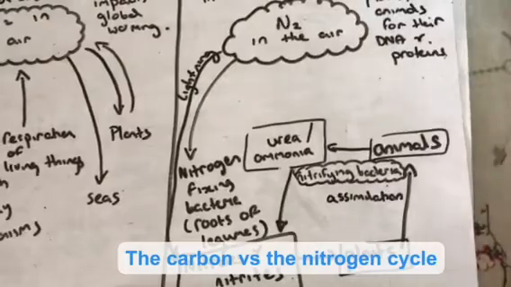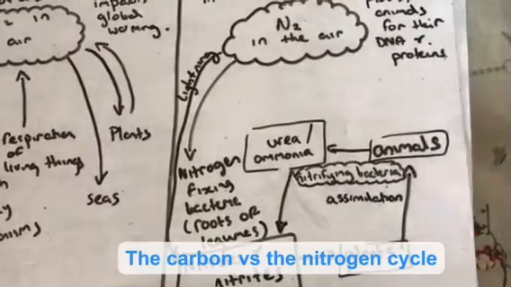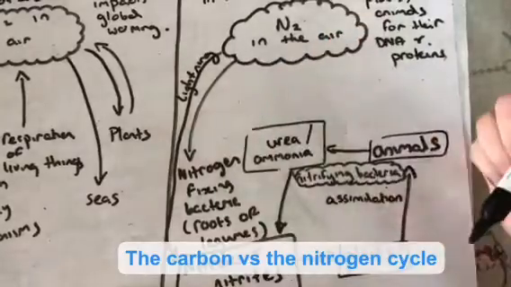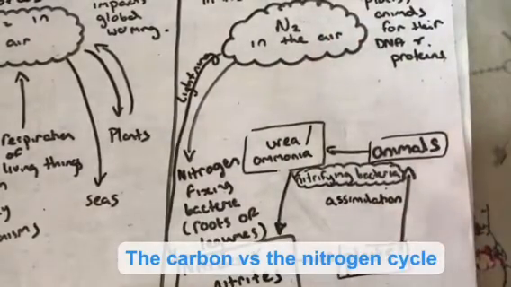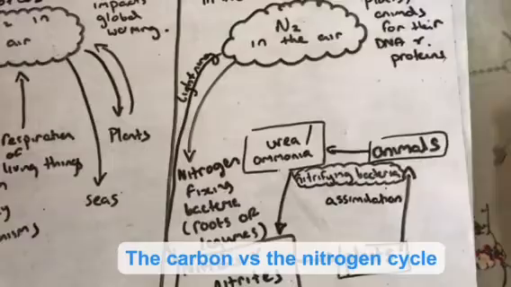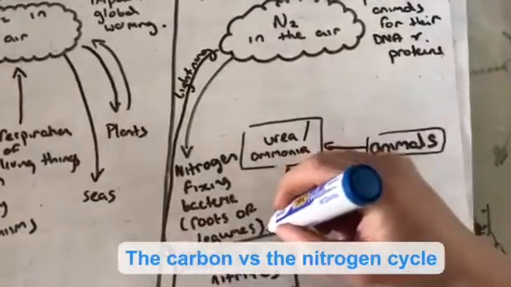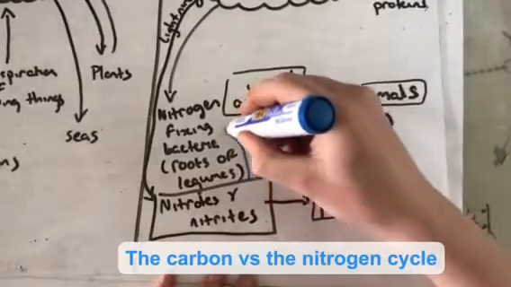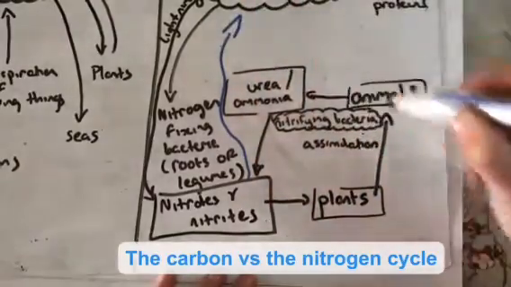Now think about a bad form of bacteria that can actually do the opposite of nitrogen fixing. A bad form of bacteria comes along and converts the nitrates and nitrites back to N2.